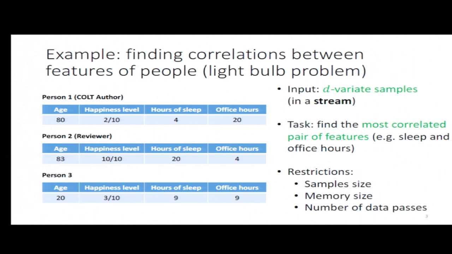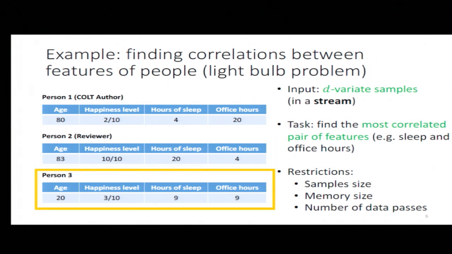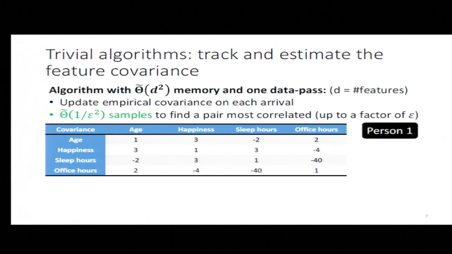Now, you assume that the samples arrive in a stream, one after the other. And there's a limitation in memory, so there's not enough memory to store all the samples at the same time. But you're allowed to perform multiple passes over the whole data set. So here's a trivial algorithm which finds the maximal correlation.